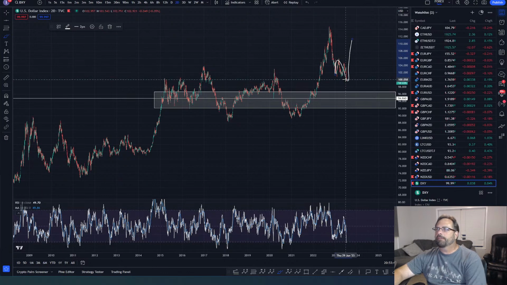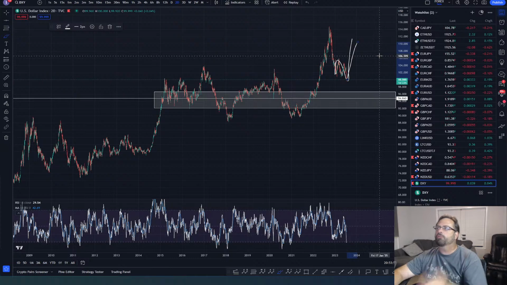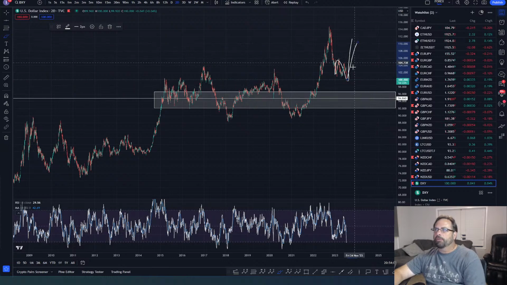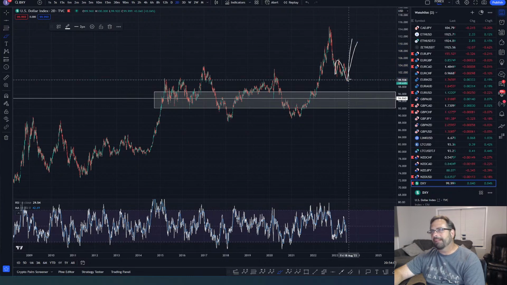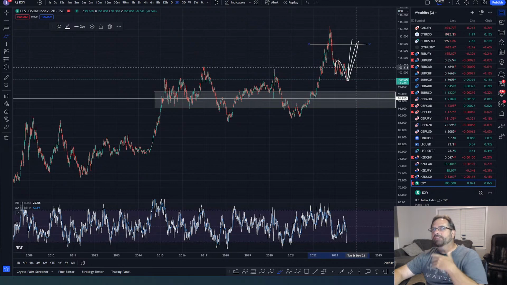Okay. So if the DXY starts pumping here for some reason, because maybe the Fed raises rates again this month, starts to talk really hawkish instead of backing off like they have been, and we get this big bullish move back to the upside, retesting these levels, then that could be our down move that we're looking for in the stock market, as well as the rest of crypto.